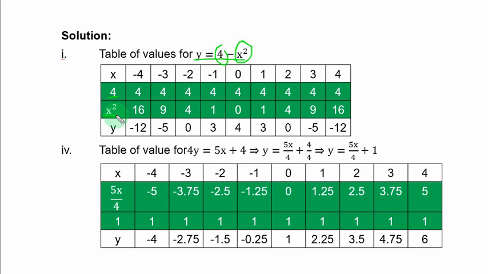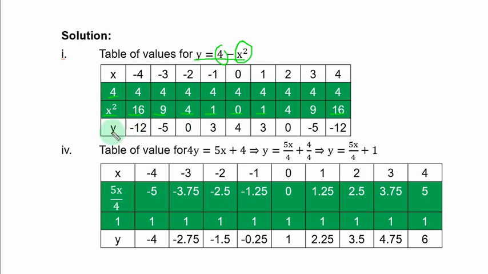So you have minus 4 squared is 16, minus 3 squared is 9, minus 2 squared is 4, minus 1 squared is 1, 0 squared equals 0, 1 squared equals 1, and so on. When you square the last value of s, 4, you have 16.